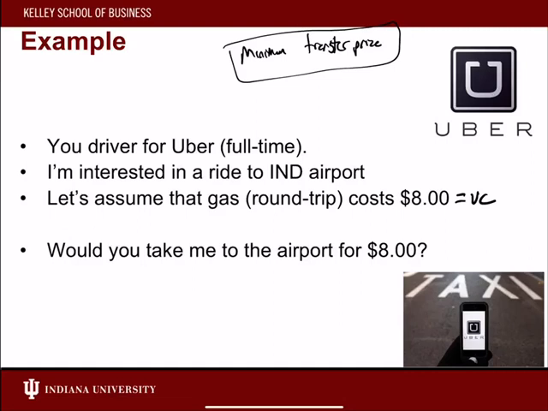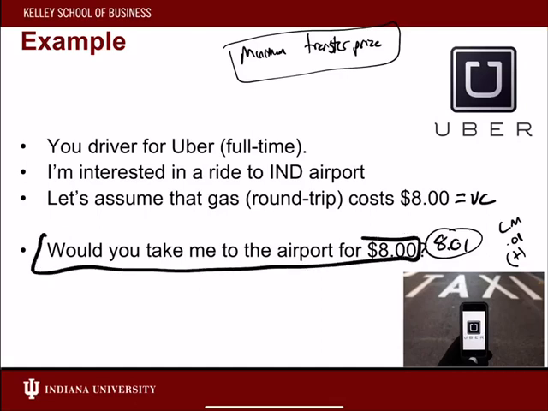And I say, hey, I'll give you $8.01, and I know that you have excess capacity and that your variable costs are $8, so I say I'll give you $8.01, thinking, well, you're going to make a contribution margin of 1 cent. That's positive. You should take the deal, right? Would you take me to the airport for $8.01?